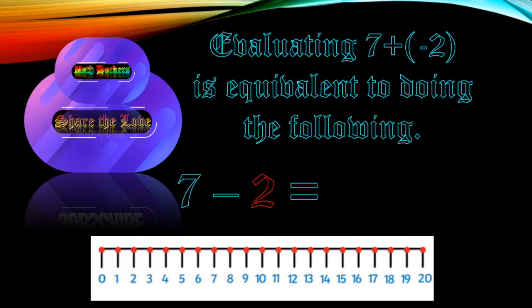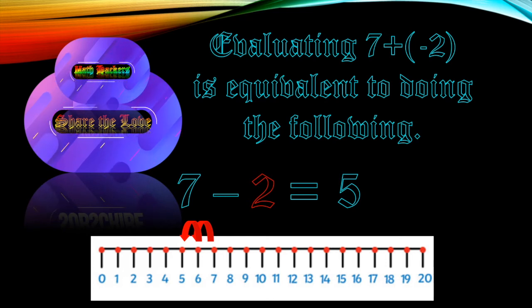Evaluating 7 plus minus 2 is equivalent to 7 minus 2, which equals 5. As mentioned previously, adding a negative number, we need to step left, in this case by 2 steps, as clearly illustrated on the screen.